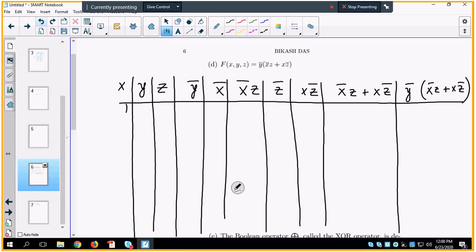So 4 1s followed by 4 0s for x, and then 2 1s followed by 2 0s for y, and then alternate 1 and 0 for z. Okay.